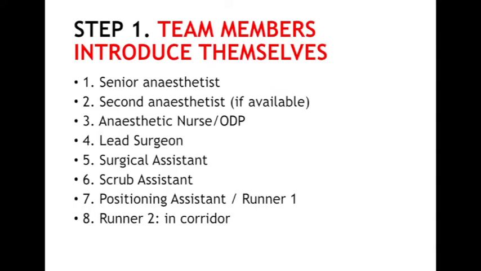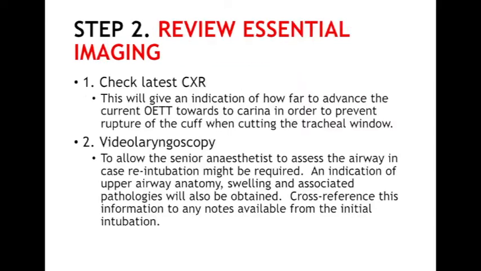This is someone who will be key in the physical moving of the patient to the optimal position for surgery, to obviate the need of the surgical team to be involved with this with their sterile PPE. At this point, it is useful to review any essential imaging.